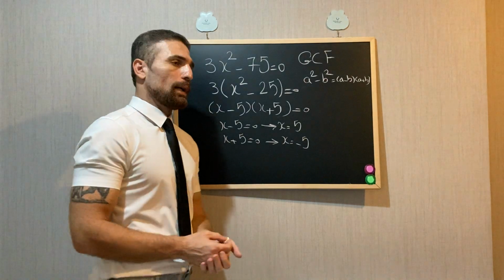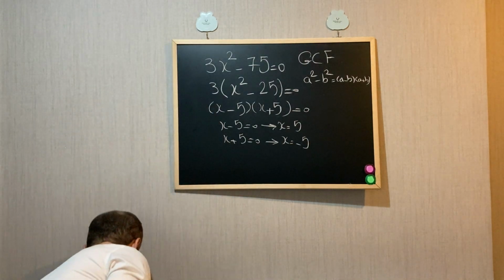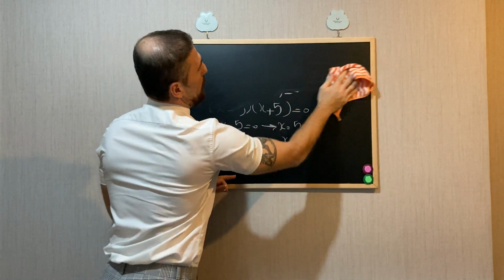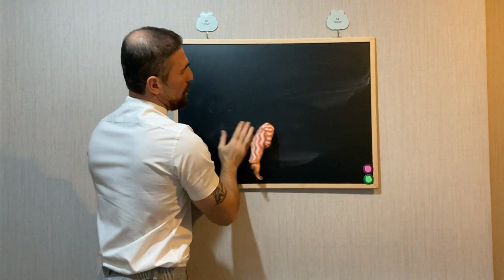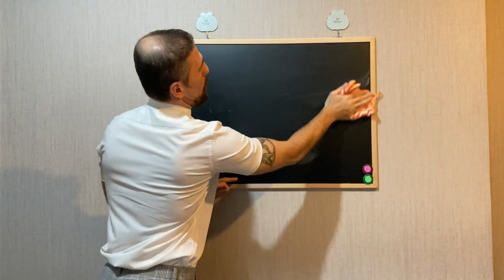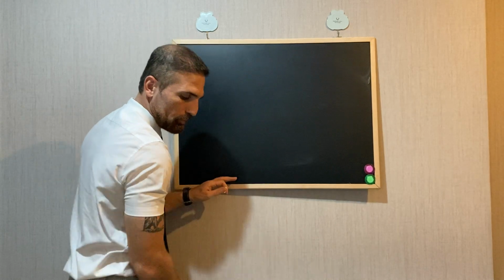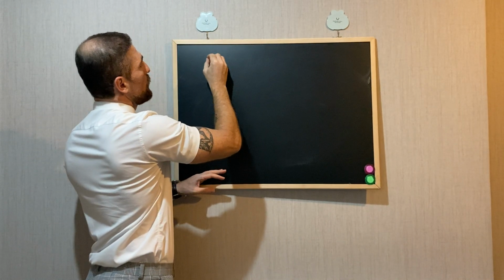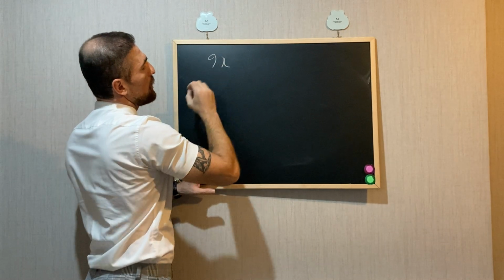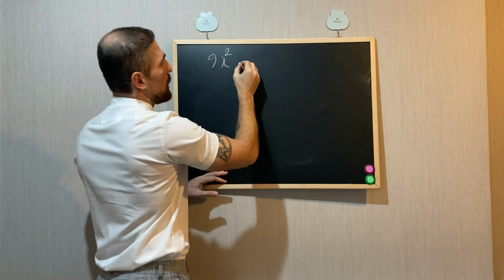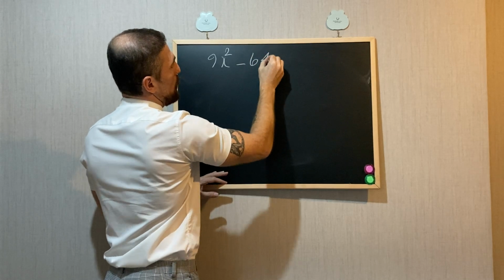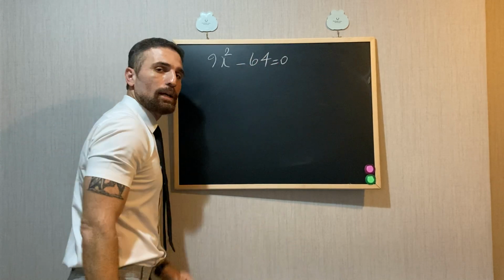Let's do another example. Let me raise the board. New example, we have 9x squared minus 64 equals 0.